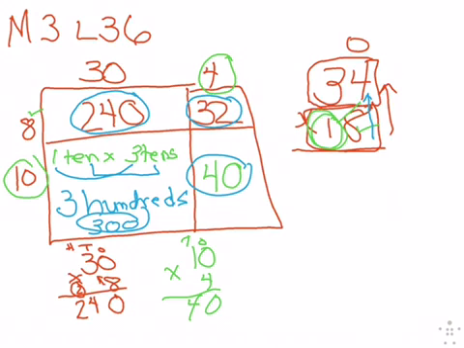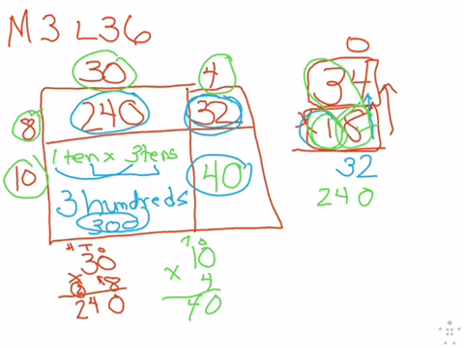8 times 4 ones we found was 32. I'm going to change my color for you. 8 times 3 tens, which we did right here, is 240.